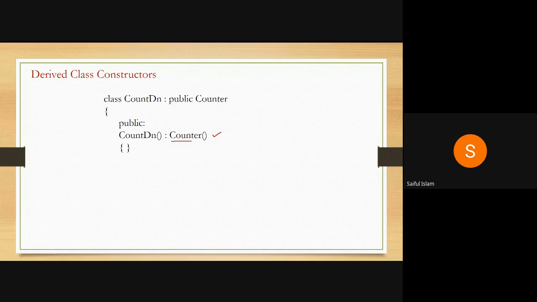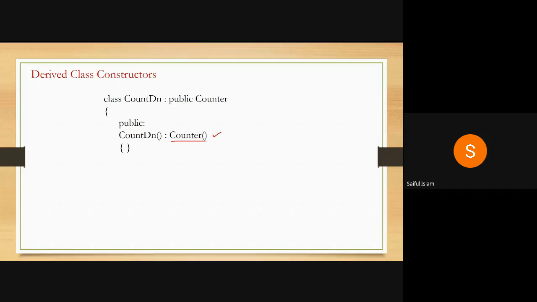Look at this one. What is this? Is this initializing a variable? It's a countdown with zero arguments, so it's a default constructor for countdown. Then you have an initializer list. In the initializer list, I am using a function named counter.